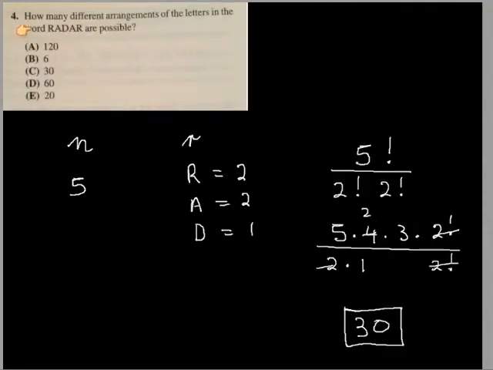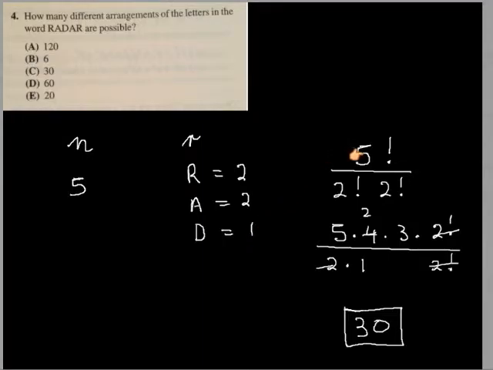Here's another example. How many different arrangements of letters in the word radar are possible? Altogether, I have 1, 2, 3, 4, 5 letters, but out of those 5 letters, R is repeated, A is repeated, and D occurs only once.